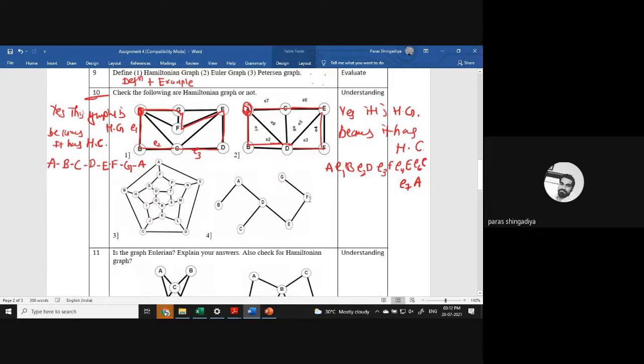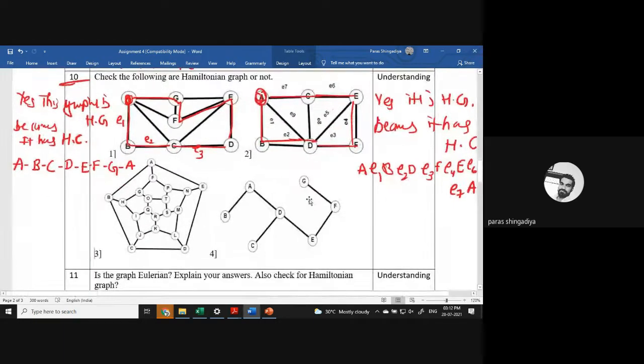What is the answer for the third one? Is the third graph Hamiltonian?